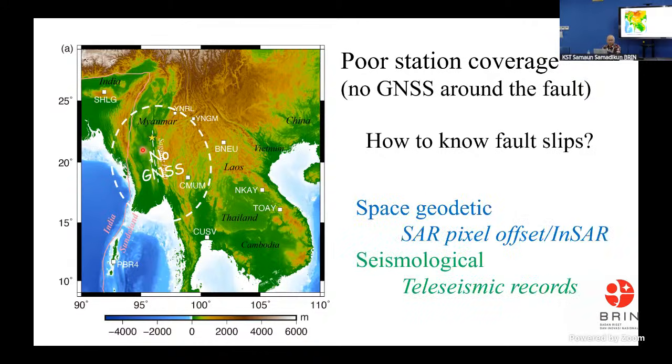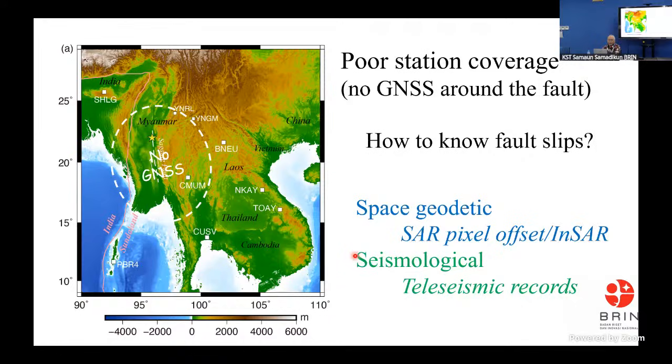So this is my ongoing research. For example, even if you do not have GNSS, you can use SAR, synthetic aperture radar, by using satellite. Then you can map the crustal deformation.